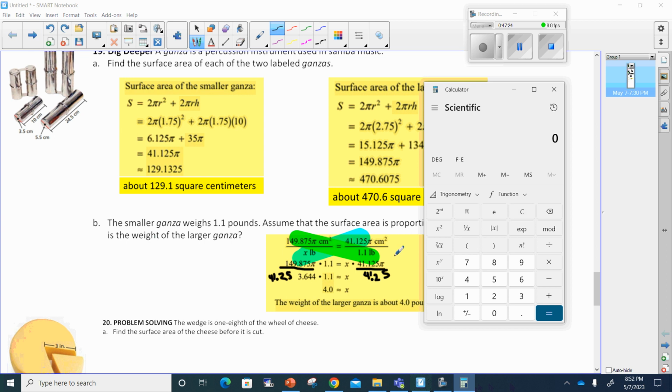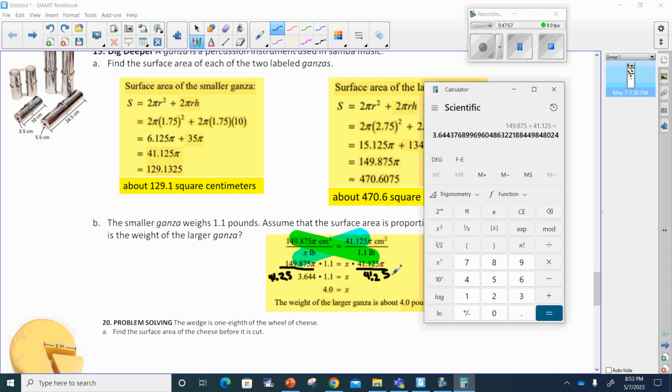I'm going to show you right here. Remember, we're taking 149.875. We're dividing it by 41.125. As you see, we get about 3.644, right? And now we're multiplying that now that we've gotten rid of the pi, because the pi was over here, right?